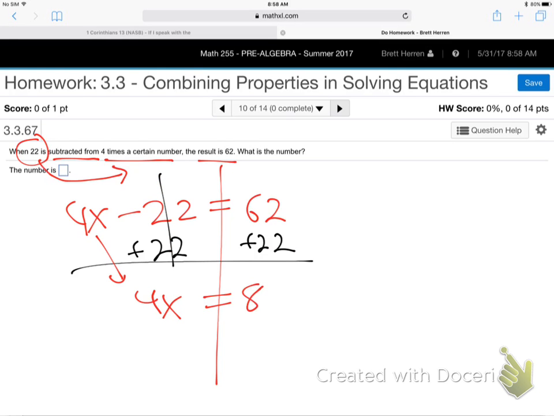Bring down the 4x. What's that? 84. Last step is always divide. So x is 21. The certain number is 21.